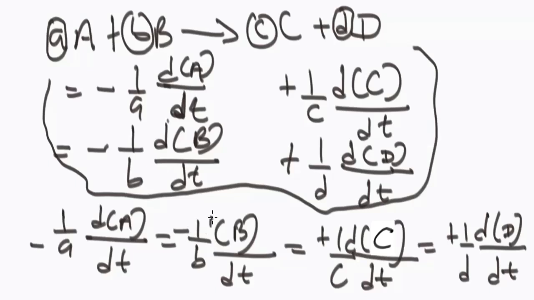So this simplifies the change. Remember, the small letters a, b, c, d represent their stoichiometric coefficients, so we divide by the stoichiometric coefficients.